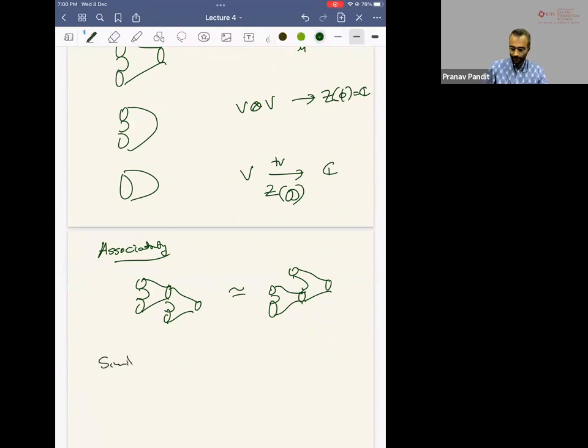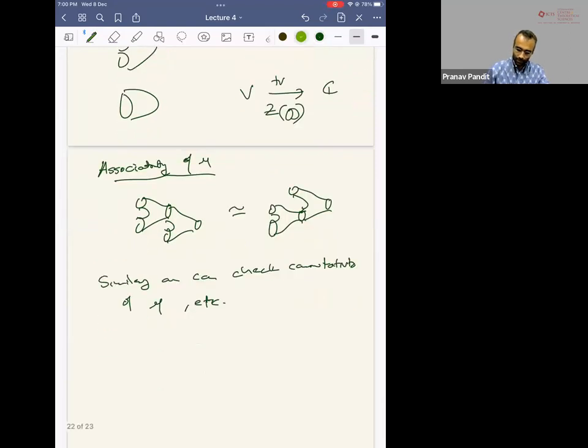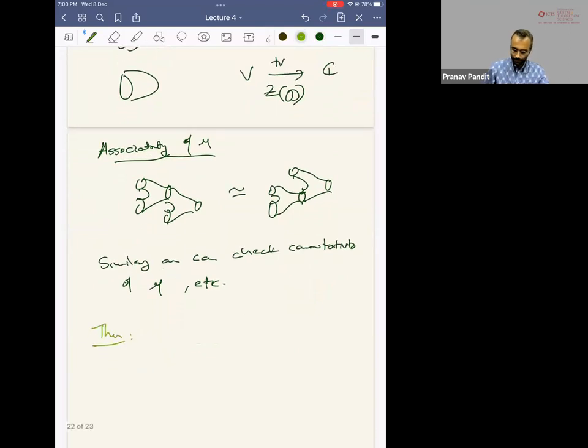Similarly, one can check commutativity of mu, etc. So we have this theorem. Summing up, you can formulate a theorem that giving a 2D TQFT, and this is, I guess, a folklore theorem.